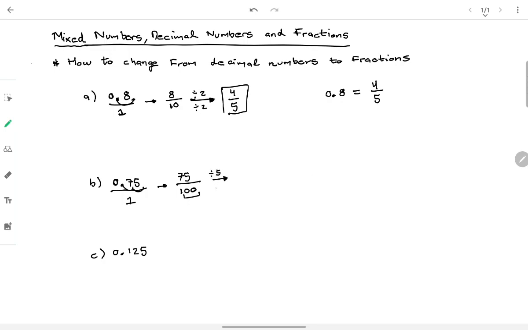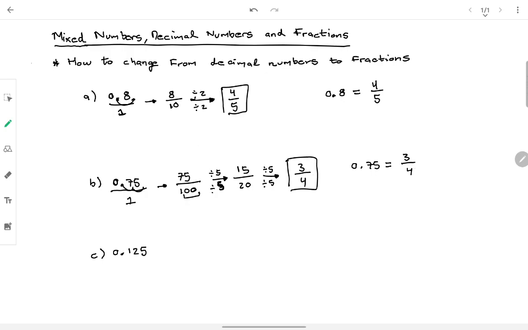If we divide it by 5 and by 5, that will give us 20 here, and on the top part it will give us 15. We can continue dividing it by 5. It will give us 3/4, and then this is the most simplified fraction, so we can say that 0.75 is the same as 3/4.